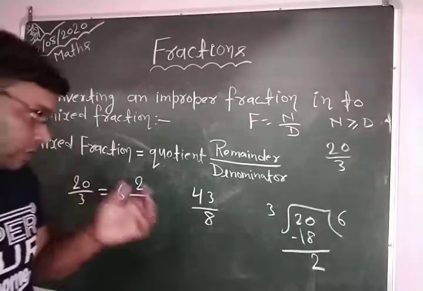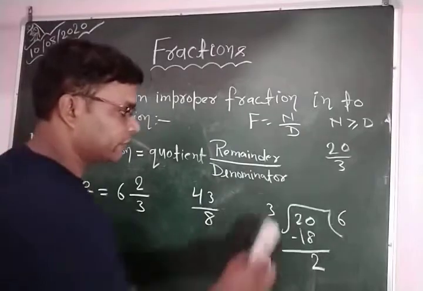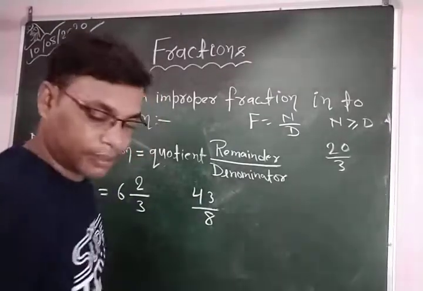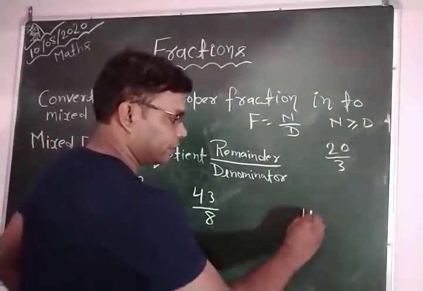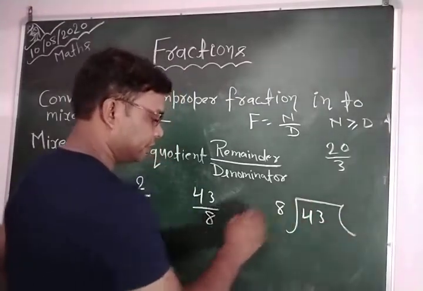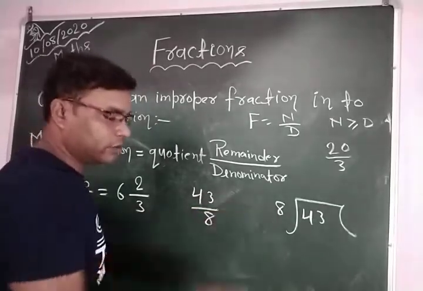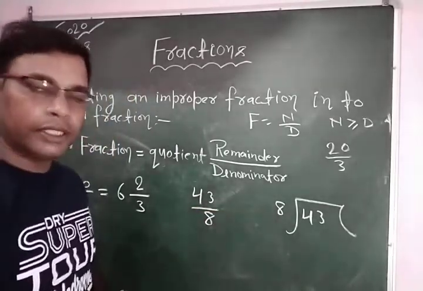So first you divide 43 by 8. Let's see. We divide 43 by 8. Here this is the divisor, this is the dividend.